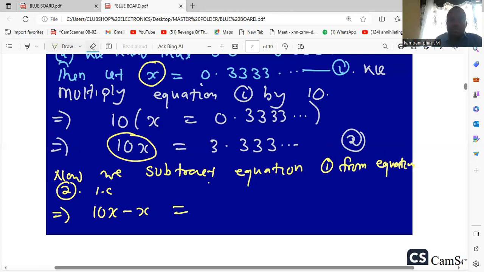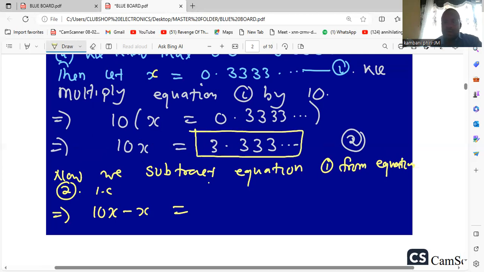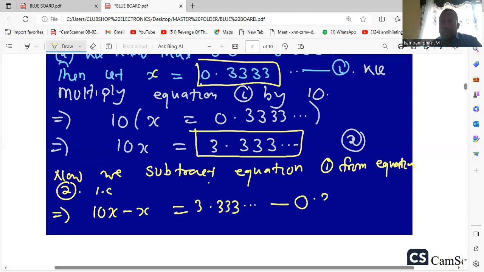This will be equal to this 3.333 minus this one now. So we have 0.3333, so on and so forth.